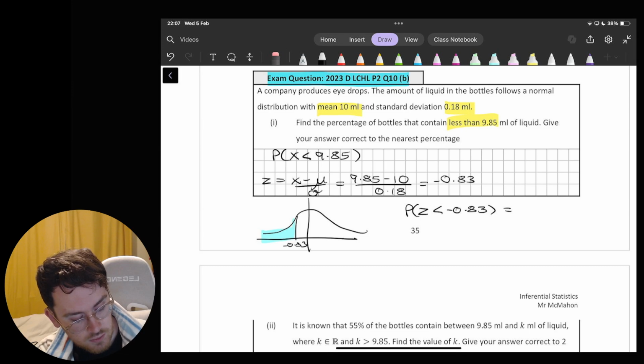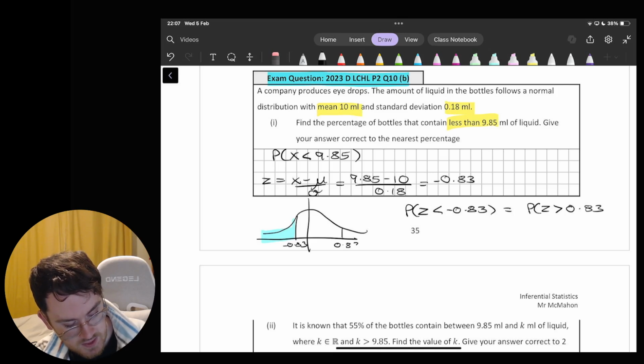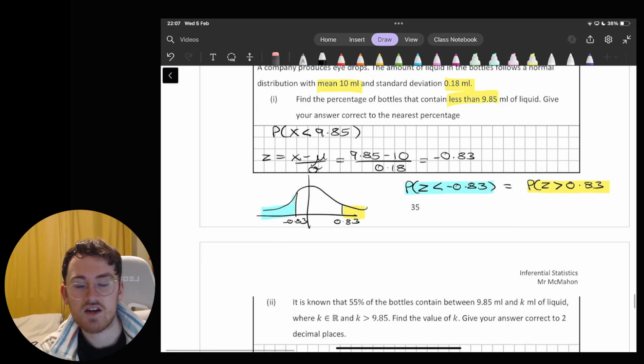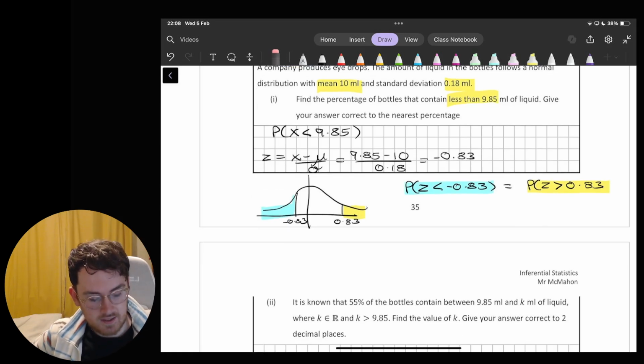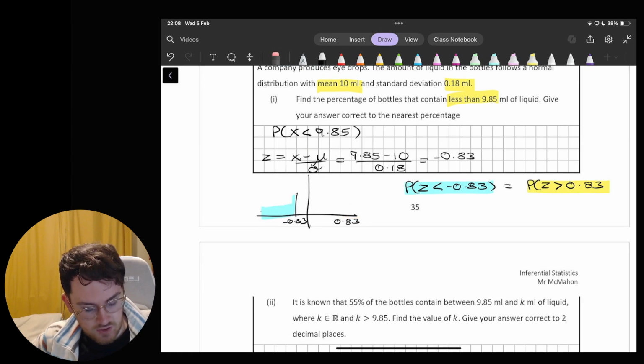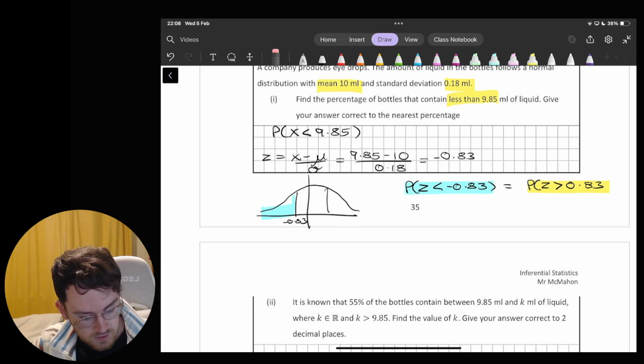That's going to match up with the probability of them being greater than positive 0.83. So that would be this region here. Those two regions should be identical because of the symmetry of the curve. I've drawn them quite poorly here, but there we go, that's a bit better. So those two should match up.